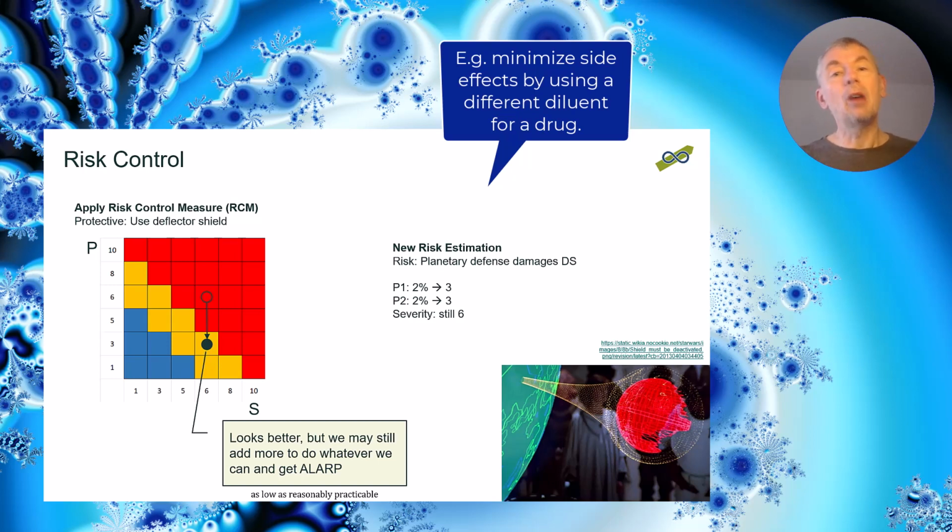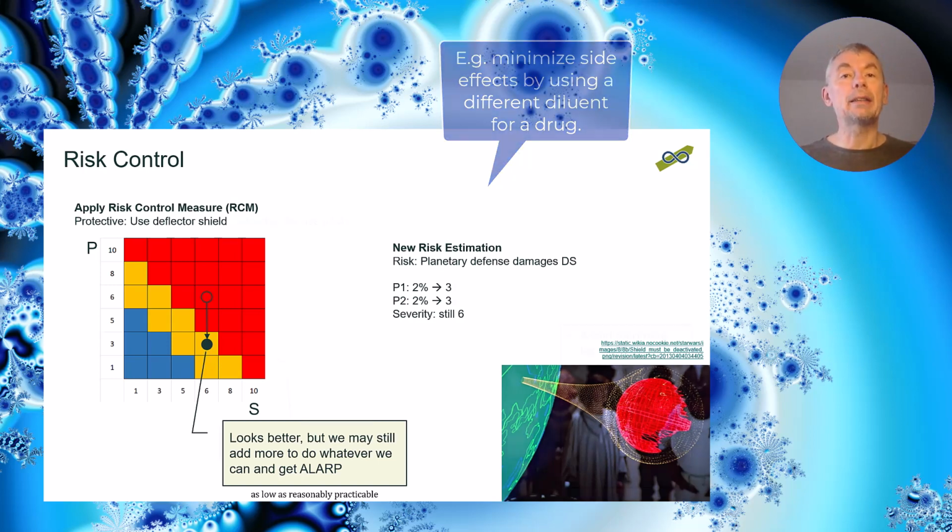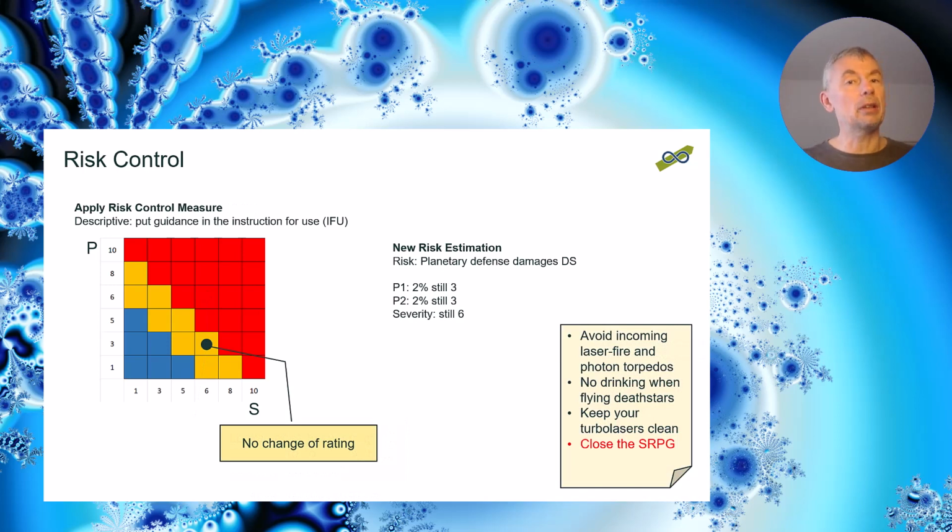Okay, now if we also look at the risk control measures as in descriptive measures, there we typically see that you cannot define or prove an actual impact of such measures.